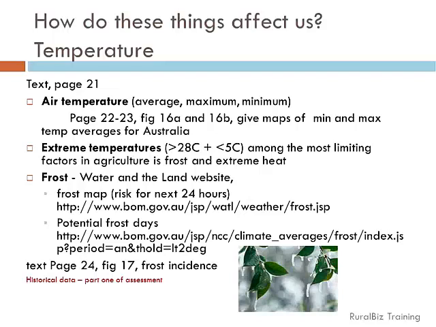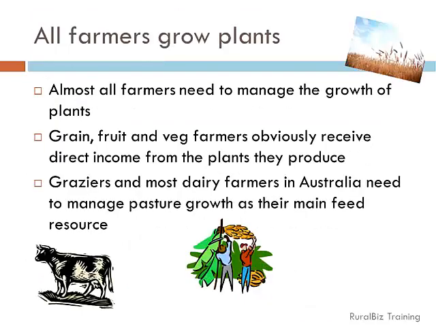While you're there you'll find some other interesting information. Now you may think that we're talking a lot about plants. Well, the reason is that all farmers grow plants, well almost all, apart from mushroom growers. Almost all farmers need to manage the growth of plants. Grain, fruit and veg farmers obviously receive direct income from the plants they produce.